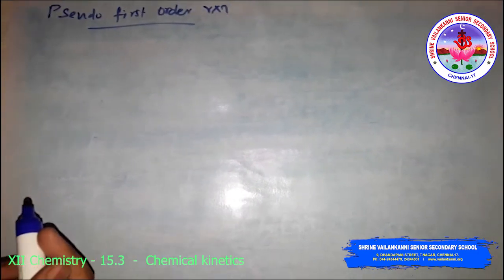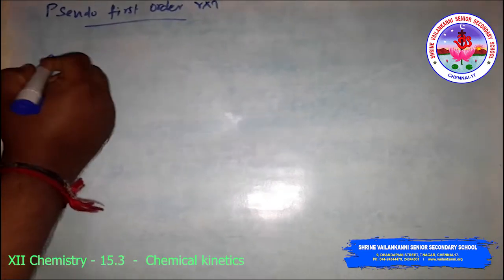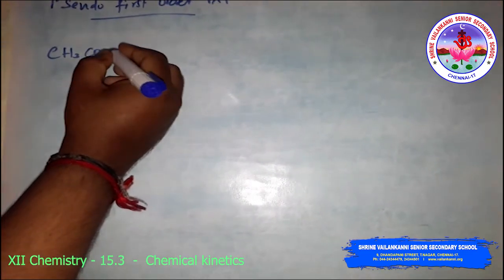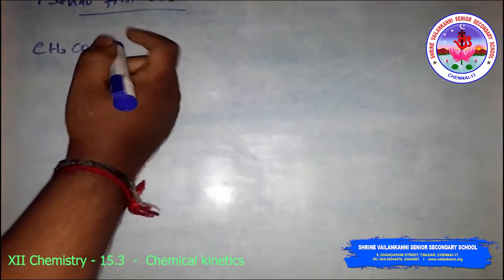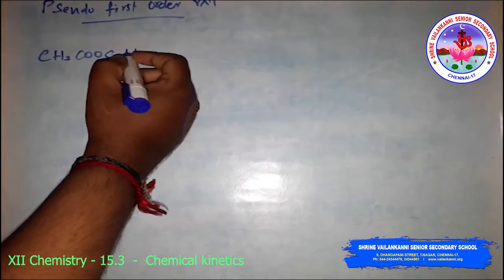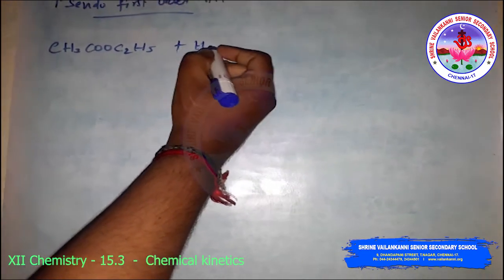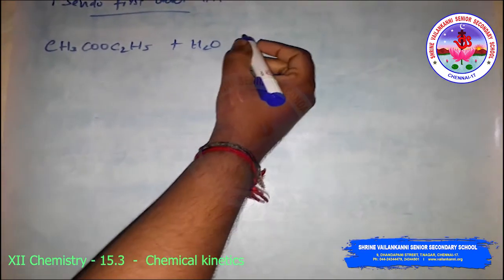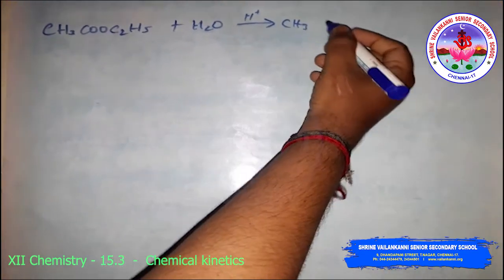Ethyl acetate, CH3COOC2H5, on hydrolysis gives acetic acid, CH3COOH, and ethanol.